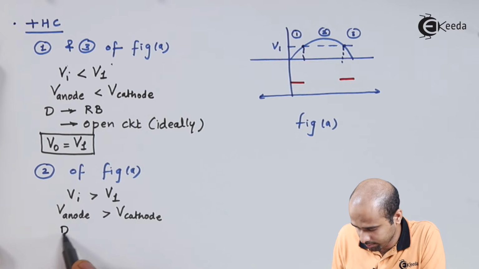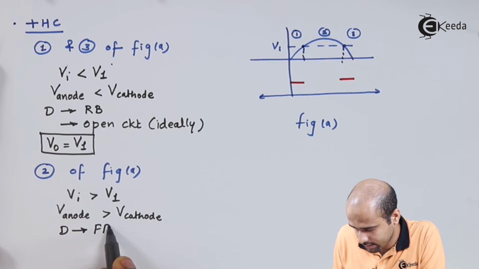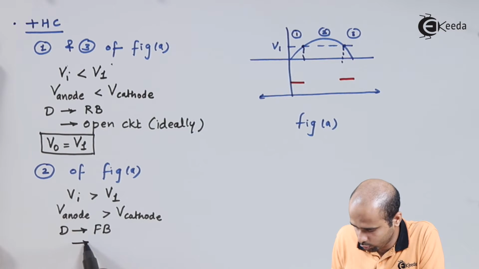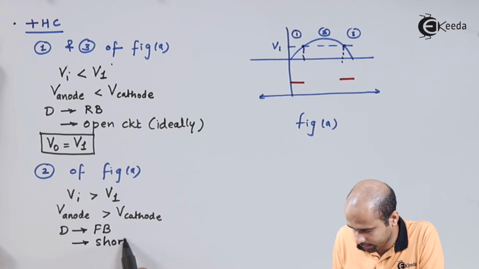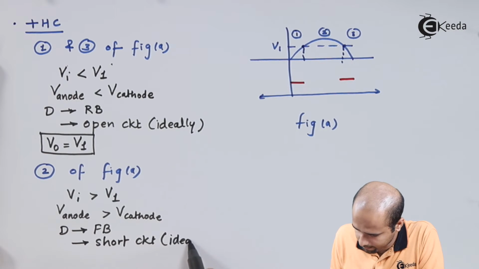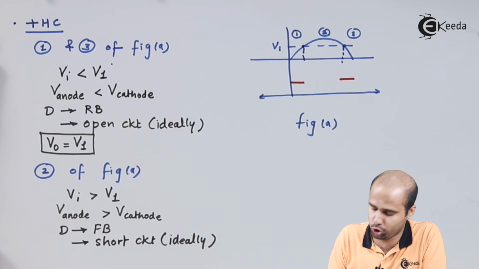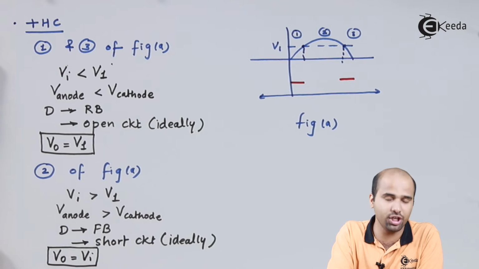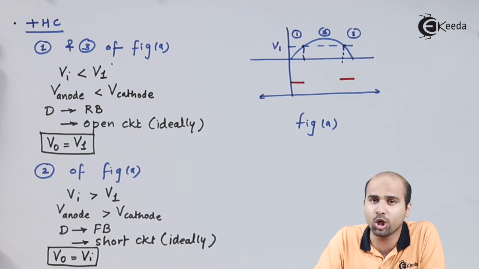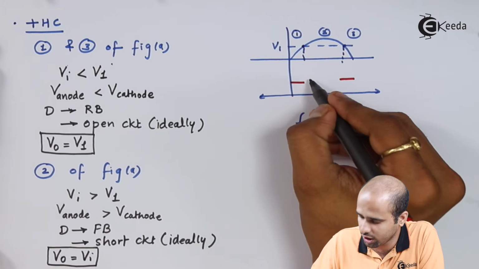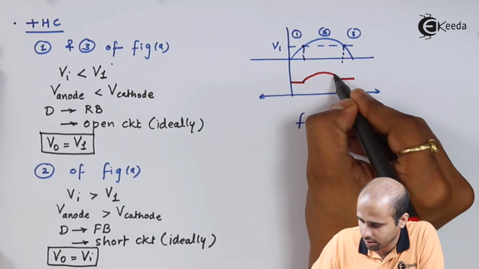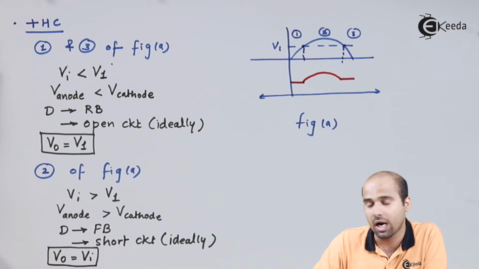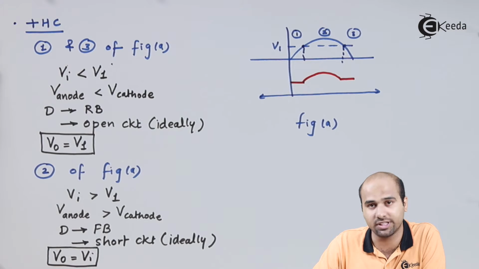Then the diode will become forward biased, and will give you a short circuit. As it gives a short circuit, we can say the input is the same as the output. So the output is following the input for a part of the positive half cycle, not the complete positive half cycle. So this will be your output for the positive half cycle.